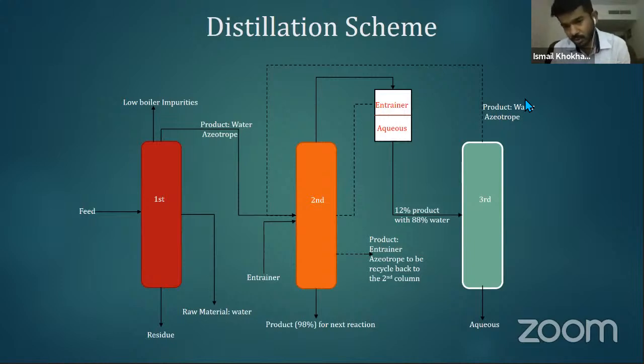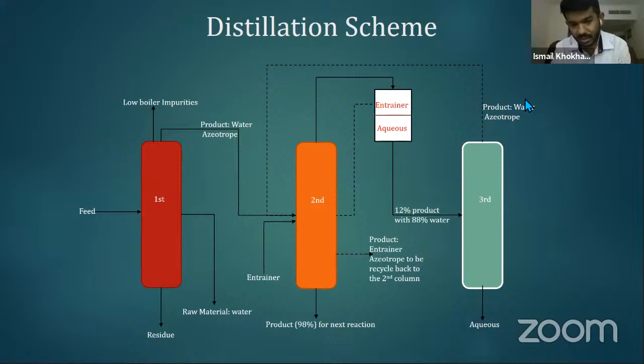The aqueous is then fed to the third distillation column because it still contains around 12% of the product. The second product from the second column is an azeotrope between the entrainer and the product, so it is again recycled back. So in the next batch of distillation, no fresh entrainer was used.